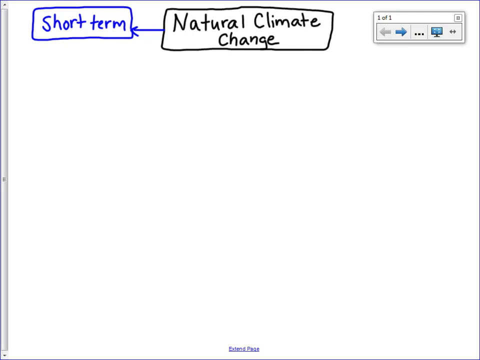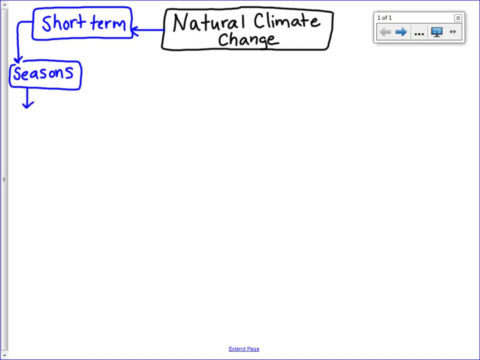One of the most obvious things that is a cause for short-term climate change is something that we deal with all the time here in the Midwest, and that would be simply the change in the seasons. Changing seasons fall under short-term climate change. What we'll learn about in more detail in the next chapter, chapter 27, is what causes the seasons.